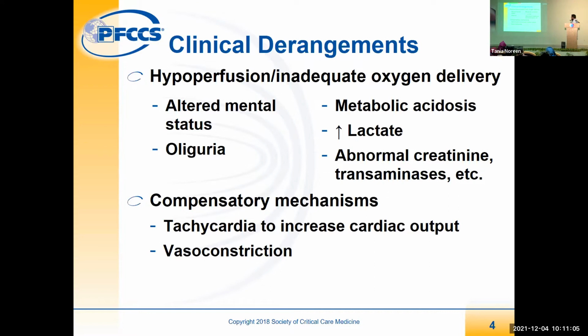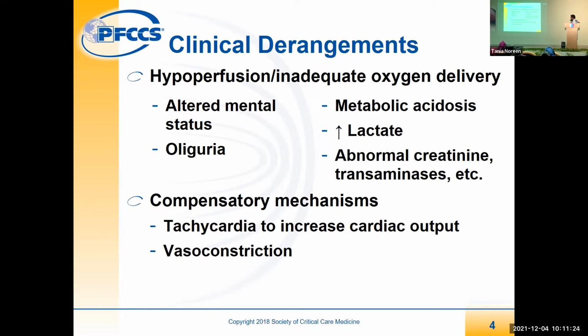And with worsening renal perfusion, we will end with worsening renal function. And of course, the whole body is getting compromised. So the liver is also affected, with increasing transaminases.